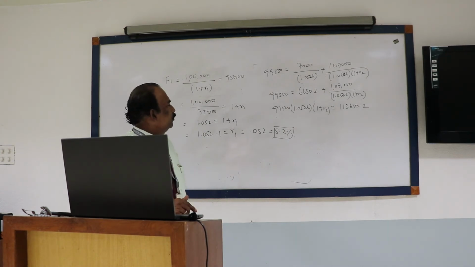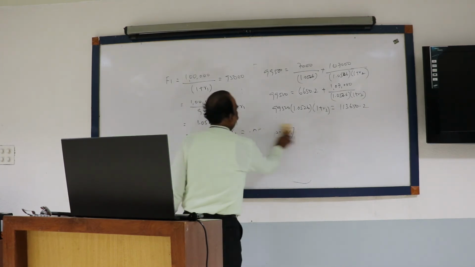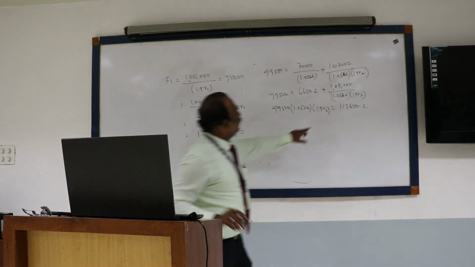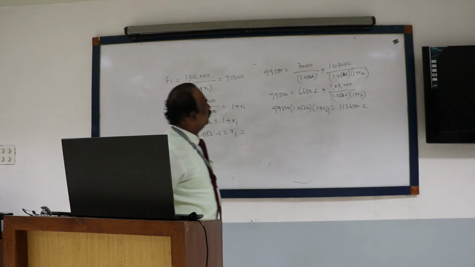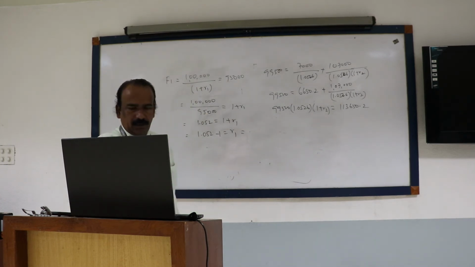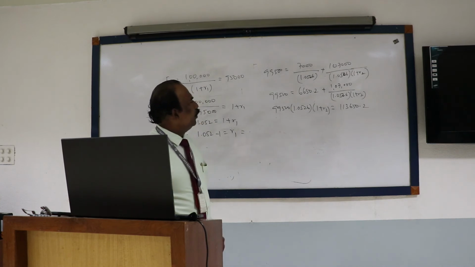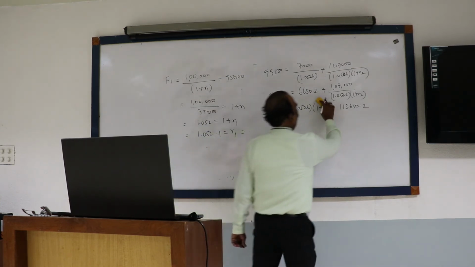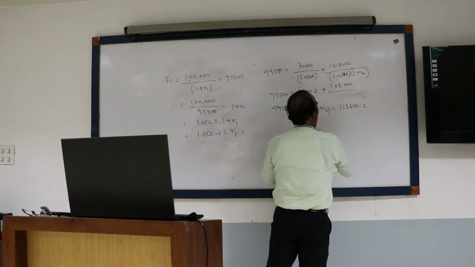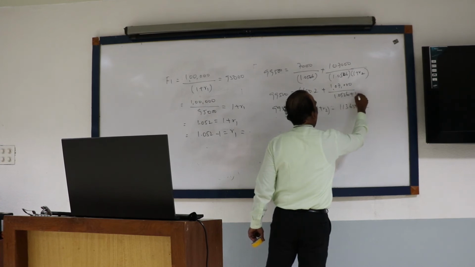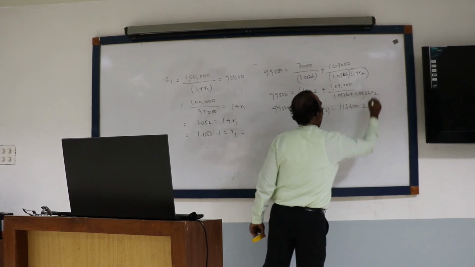You will get 1 plus R2. Simplify the equation. Or what we can do is, can you multiply these two? Then it can be easy for us. I'll finish this here, then we'll bring it here. 1.0526 into 1.0526, plus 1.0526 R2.